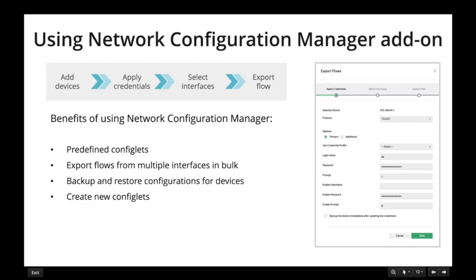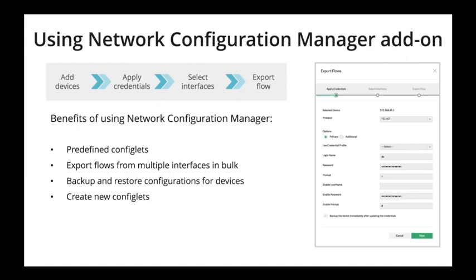The benefit of using this add-on is that the configs for the devices in the market are predefined in the NCM config module. You can also export flows from multiple interfaces in bulk, which reduces the time taken to export the flows. Next, you can also back up and restore the configurations for future purposes.